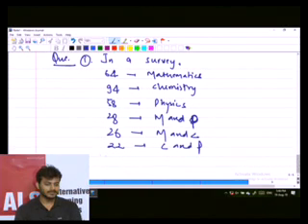And apart from this, there are a total of 14 students who have taken M, C and P, all of the 3 subjects.